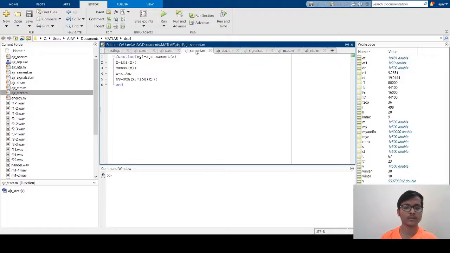This is short-term entropy. Here the formula we use is the summation of probability into log of probability.